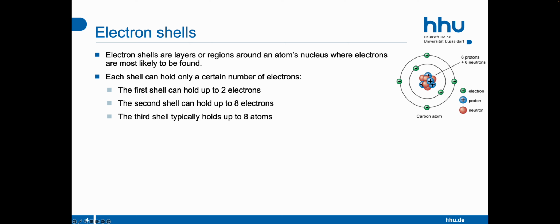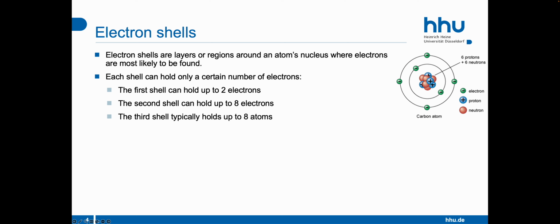The first shell can only hold up to 2 electrons. The second shell can hold up to 8 electrons, and the third shell can in principle hold up to 18 electrons, but in all cases that are relevant for us, this shell is usually only filled up to 8 electrons as well. And if this shell is filled, there are even more shells that can be filled.